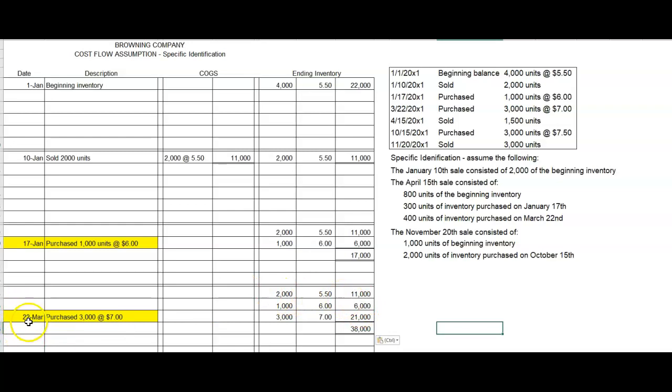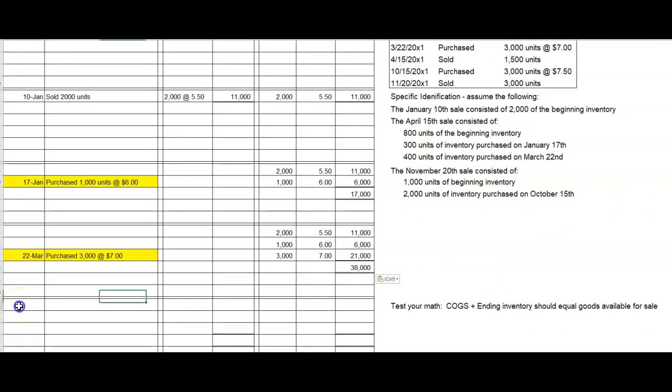And March 22nd layer, 3,000 units at $7 apiece equals $21,000. Added to the two prior layers means that after the March 22nd purchase, we have goods available for sale of $38,000. Now we're going to calculate the cost of goods sold under specific identification and ending inventory after April 15th sale.